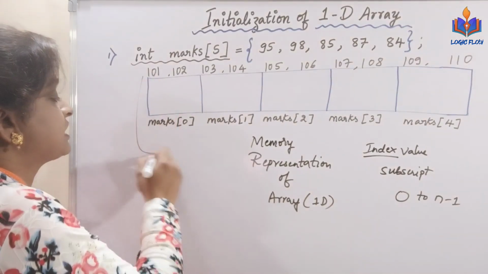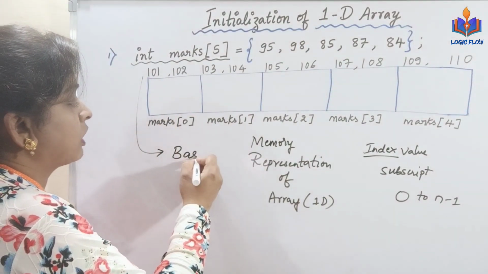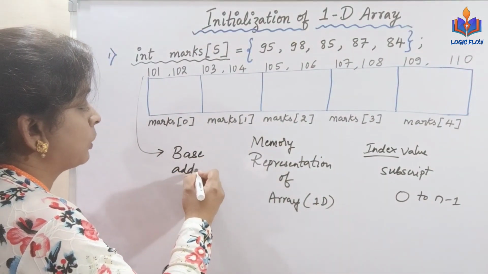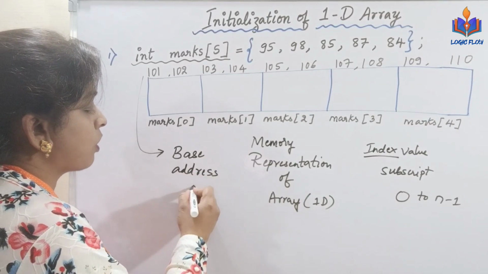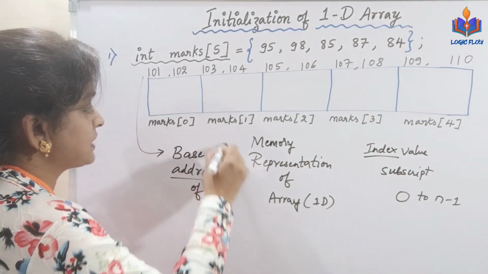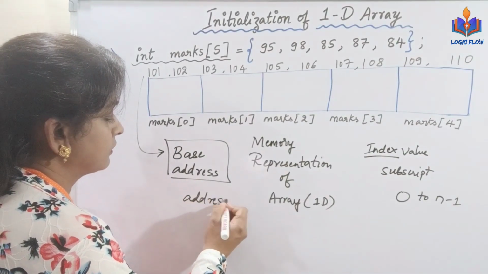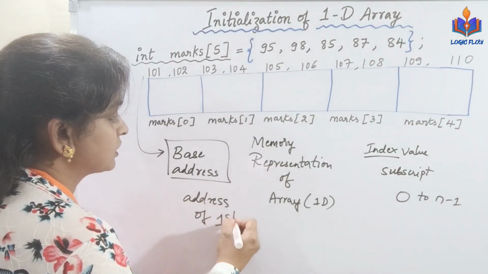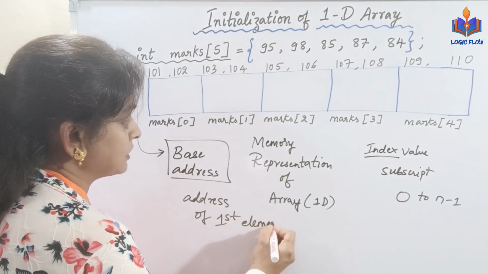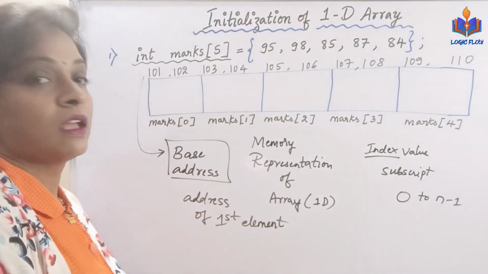This is the starting address, the base address, which specifies the address of the first element. This is the memory allocation.